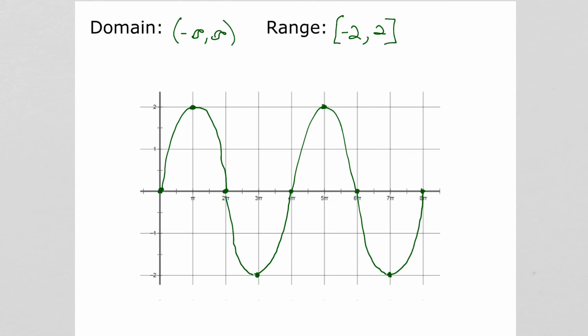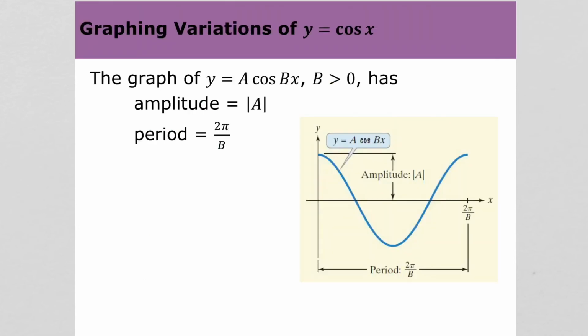Let's look at one more example graphing here. So with cosine of x, the amplitude is still the absolute value of a, and the period is still 2 pi divided by b. Okay, that'll change with tangent and cotangent, but as far as sine and cosine, it's the same.